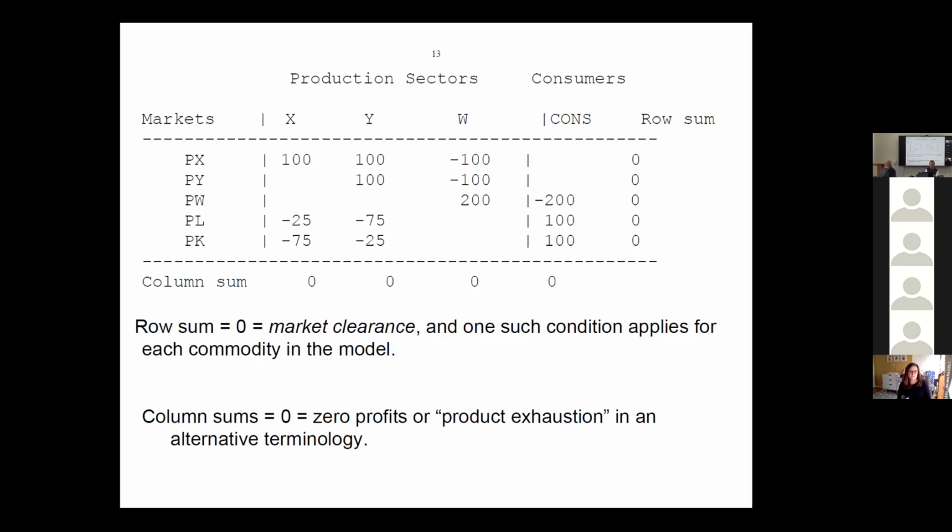So you have a minus 200 there. So the row sums are 0, the column sums are 0, and that's what we mean by micro consistency.